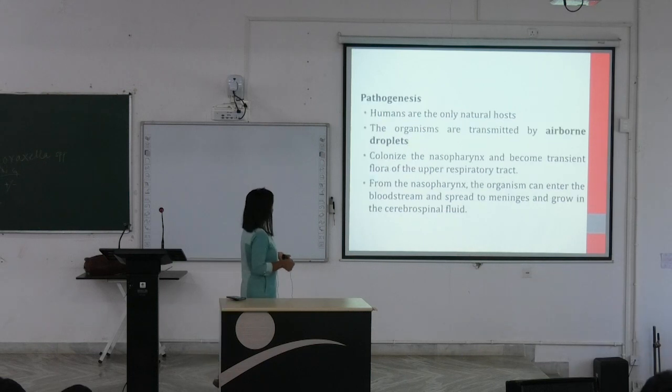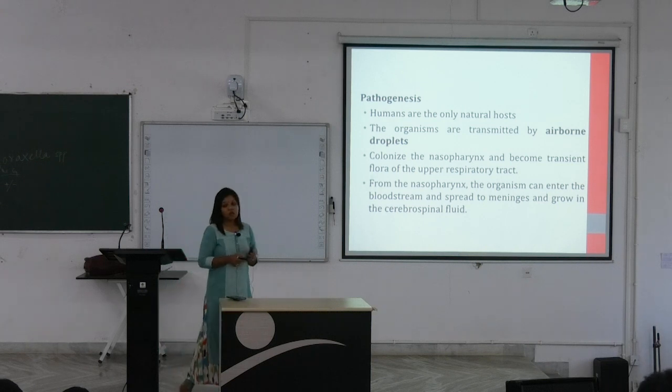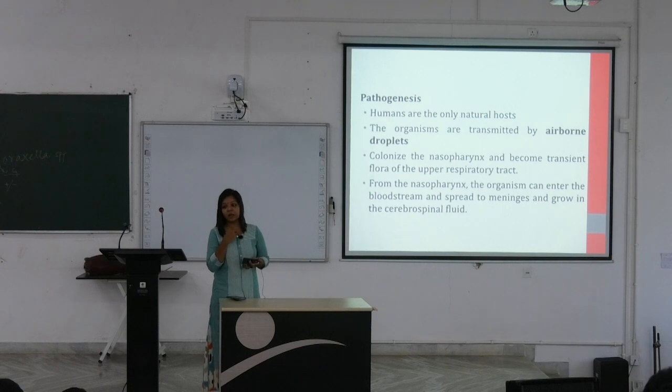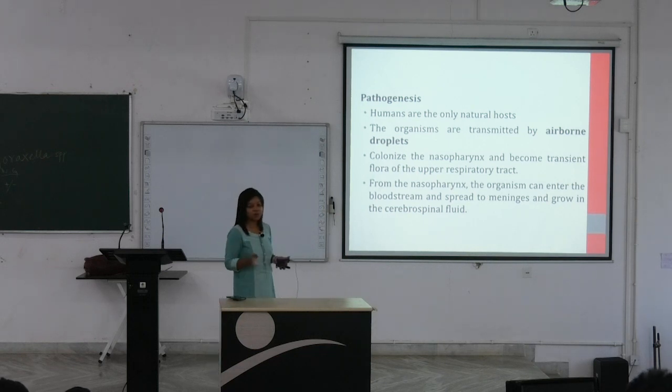Done. Virulence factor. Now pathogenesis. Natural host. ঠিক আছে? So if some person নাকে যদি কারোর থাকে, so নাকে and nasopharynx এ যদি থাকে ব্যাকটেরিয়া, so naturally it will spread by airborne. It's a airborne disease.